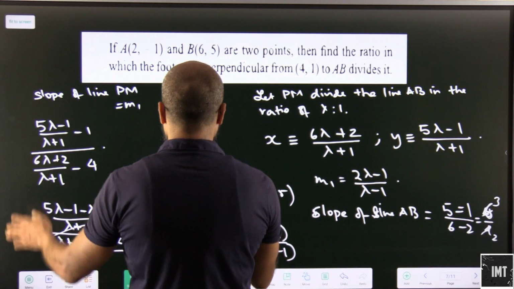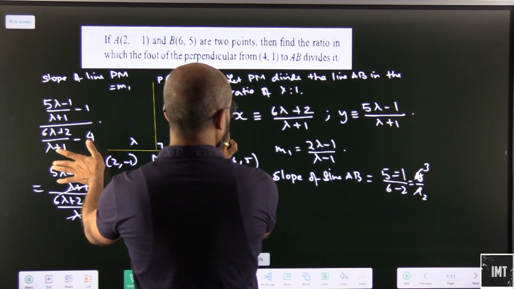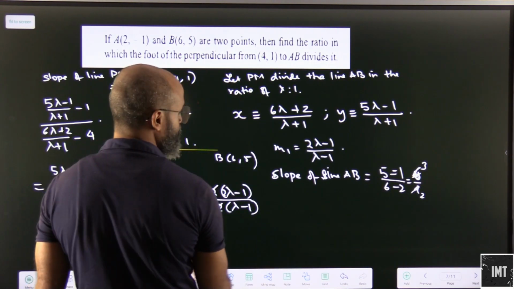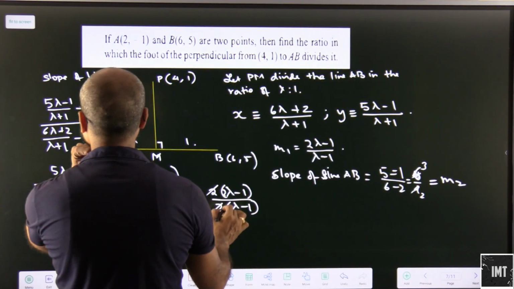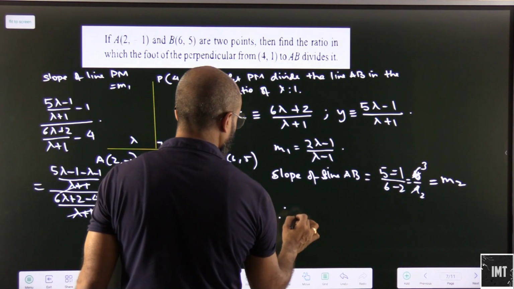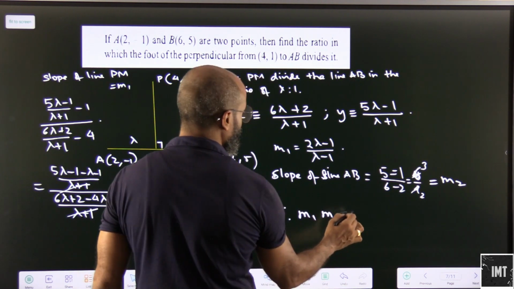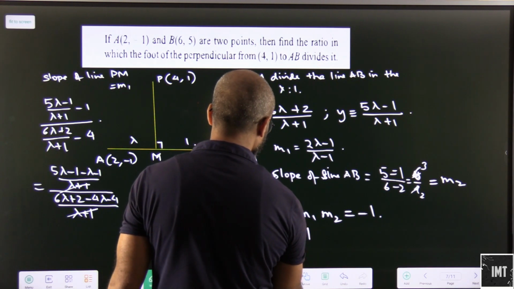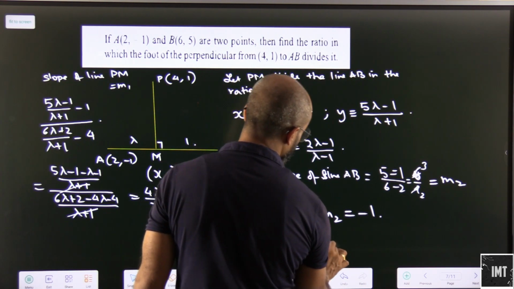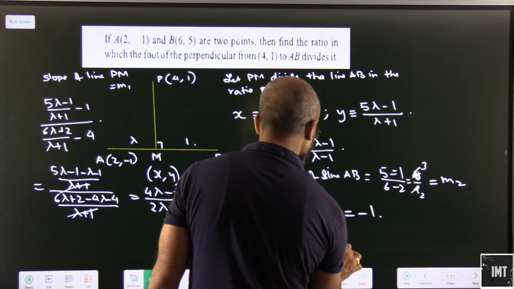Okay, in this case, what do we have? So this is basically M2, and this is M1. Therefore M1 into M2 is equal to minus 1. M1 is 2 lambda minus 1 upon lambda minus 1 times 3 by 2.